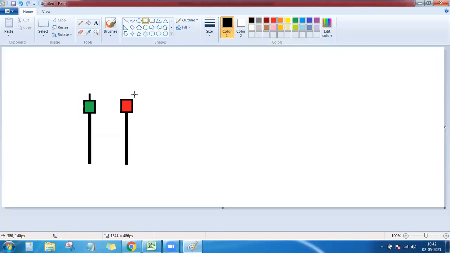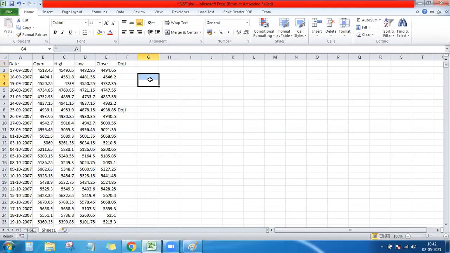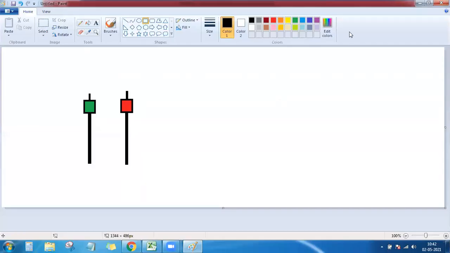Like this. So these all conditions you have to write in that formula. In this formula, now you have to incorporate all these four conditions so that it can tell you when there was a hammer pattern.